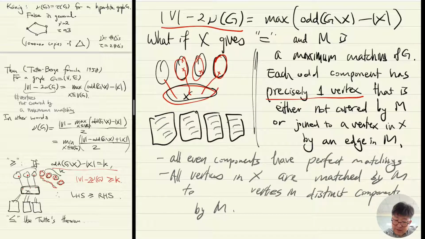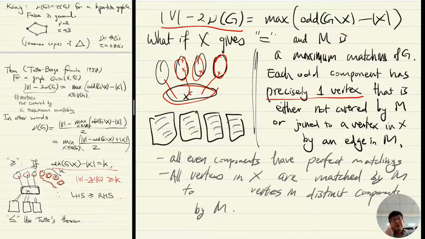Now, one may think that this is a reasonable description of the structure of maximum matching, but we want to have a kind of a converse. So what kind of converse do we want?